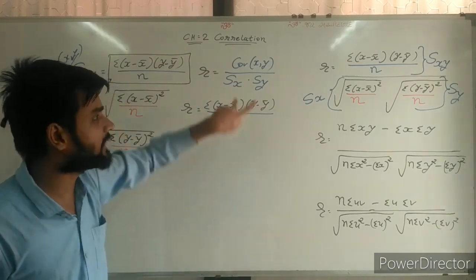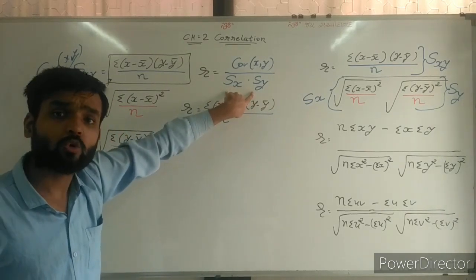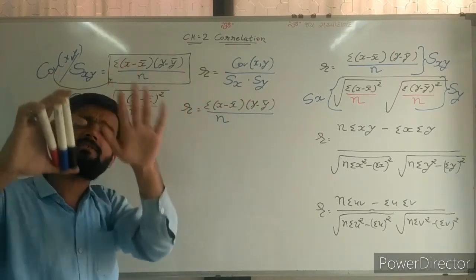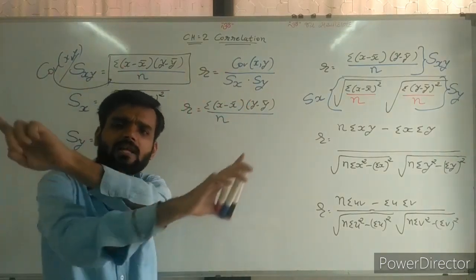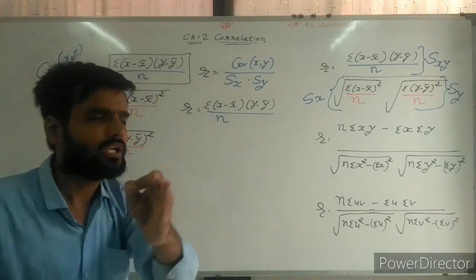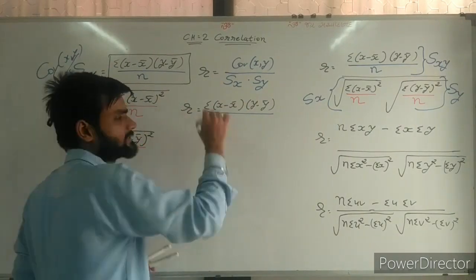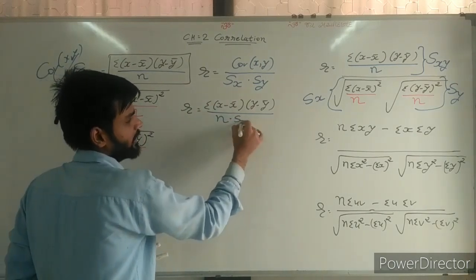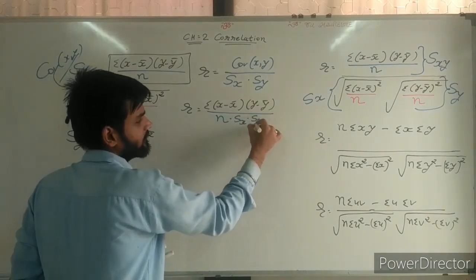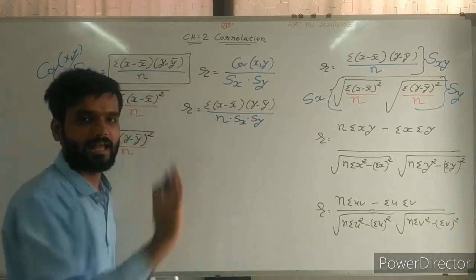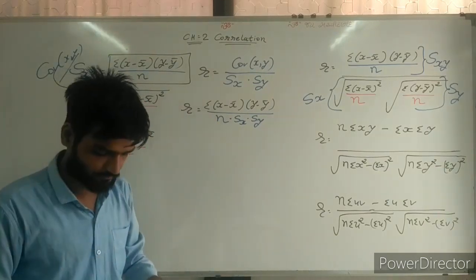Now I am not replacing the value of Sx and Sy. So Sx and Sy remain the same as it is. There is no change in Sx and Sy. I am writing it as it is. So into Sx into Sy remain as it is in the denominator.